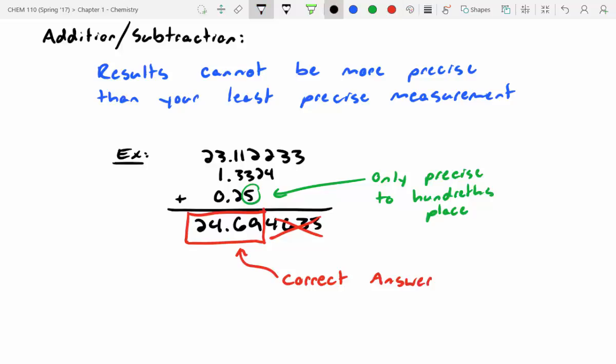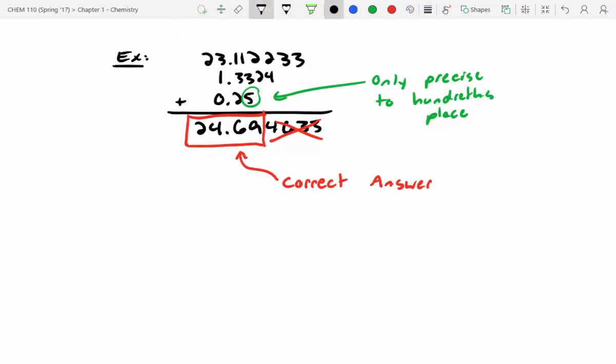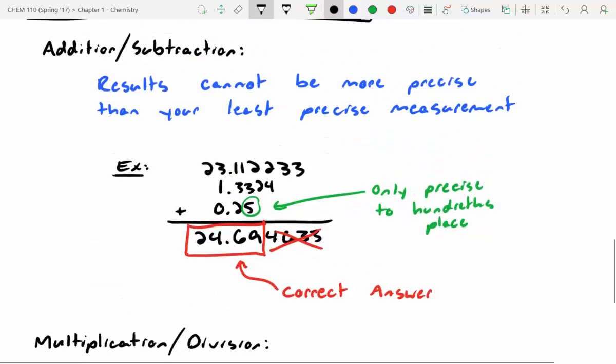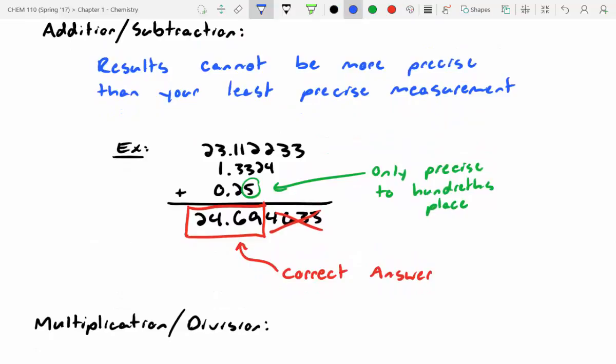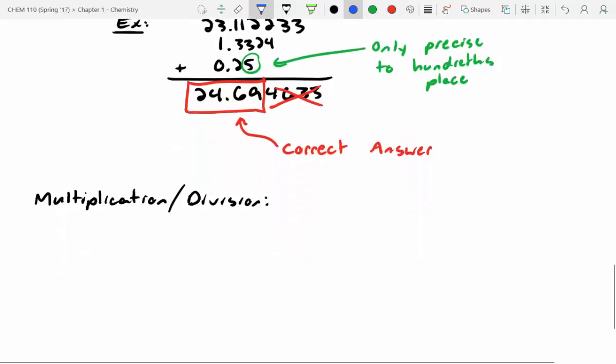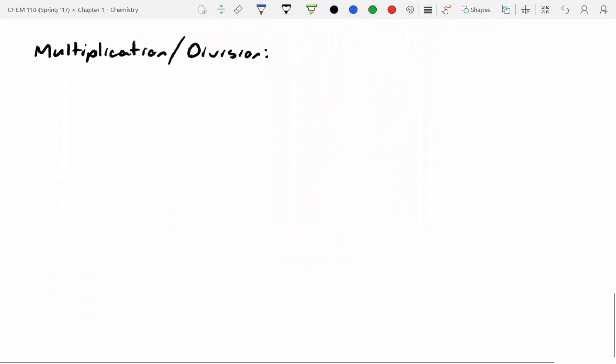Okay. Let's do multiplication and division. So up here we said that the results cannot be more precise than your least precise measurement. With multiplication or division, it's a little bit different.